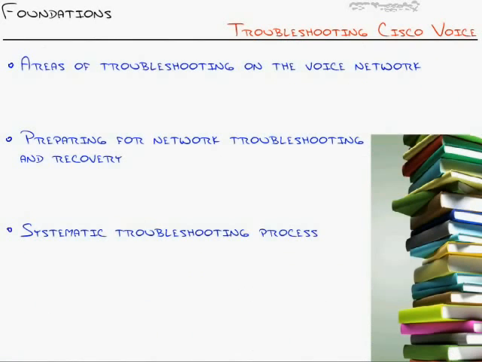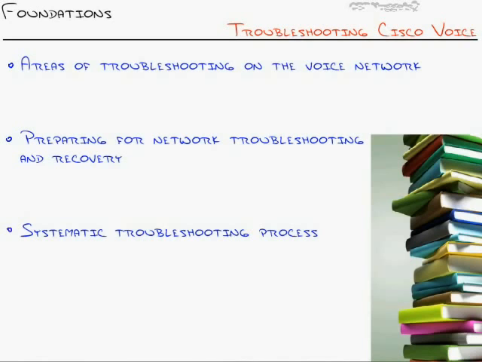So there are the foundations. Again, mainly a big picture view of the mindset that you have to have going into troubleshooting anything from a Cisco voice network to a data network to a microwave oven. So we've seen the areas of troubleshooting, primary 4 areas: Call Manager, voice clients, network infrastructure, and Cisco Unity. We're going to dive into each one of those areas as we go through this series.